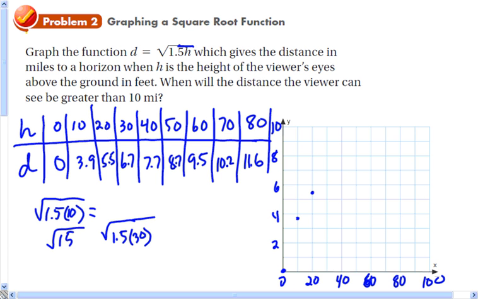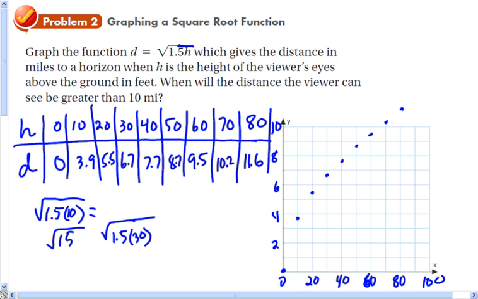That's there. 6.7. 7.7. 8.7. 9.5. And then we're up above 10, about 10.2. If I want to keep going, 11.6 maybe is about there.